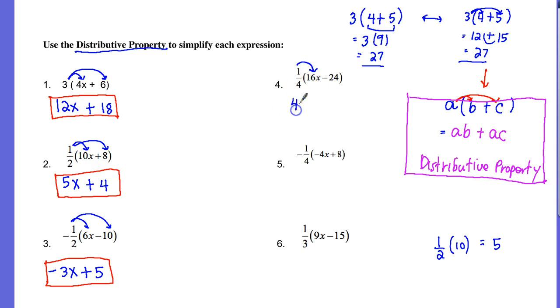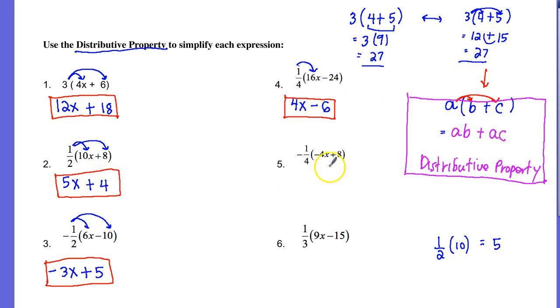So 4x, because 16 divided by 4 is 4. And then now you have a sign here. That's positive divided by a negative. That's a negative. And then what's 1/4 of 24? You're right, it's 6. So that simplifies to 4x minus 6.